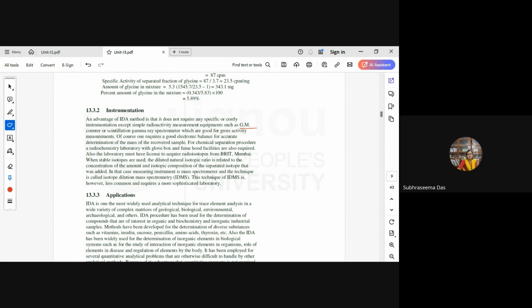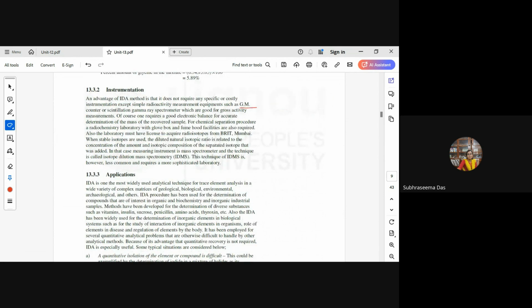Since we require a good electronic balance for measuring the accurate mass obtained before and after the sample, and for the chemical separation procedure, a normal radiochemistry lab with a well-equipped glove box and fume hoods is also required. When the isotopes are used, the diluted natural isotopic ratio is related to the concentration of the amount and isotopic composition of the separated isotope that is added.